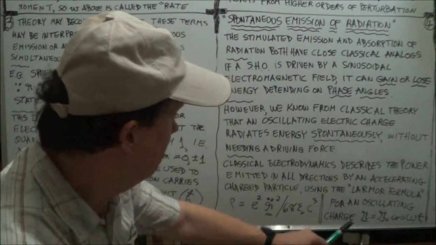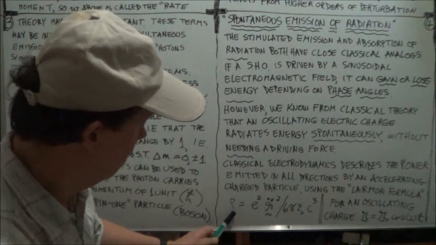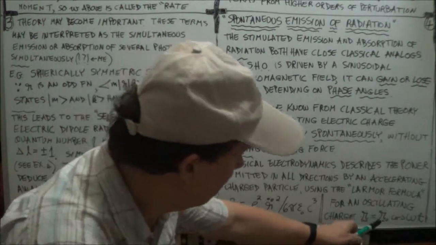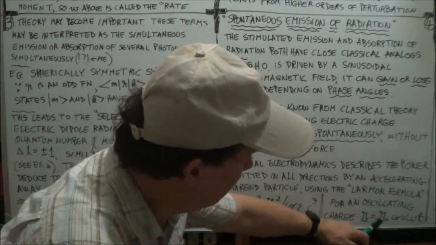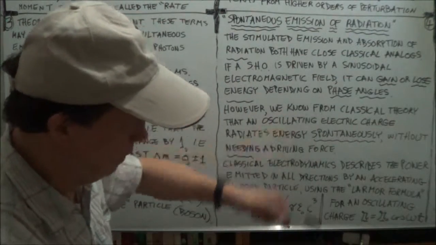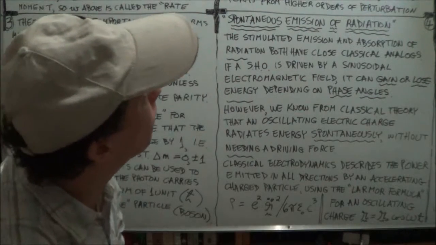Now let's take an oscillating charge. We can calculate the power radiated by this oscillating charge, and let's just say r is some fixed amplitude times cos omega t, so it's oscillating at an angular frequency omega.